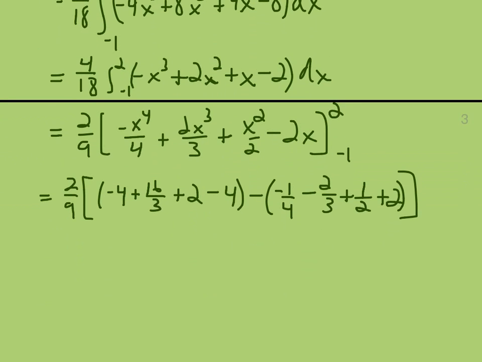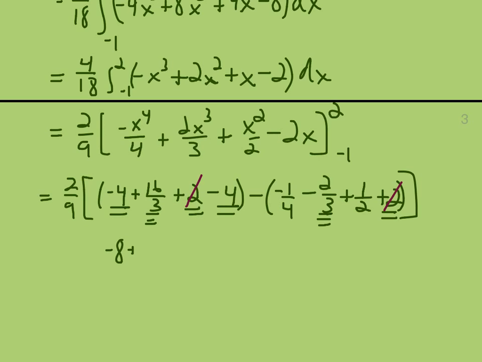We have to put together all of our constants. All of the whole numbers, the integers. So negative 4 and a positive 2 and a negative 4 and a negative 2. Well, these two would cancel each other out. So it looks like the whole number that we have is a negative 8. And then once again with the thirds, we're going to have 16 thirds and 2 thirds positive.